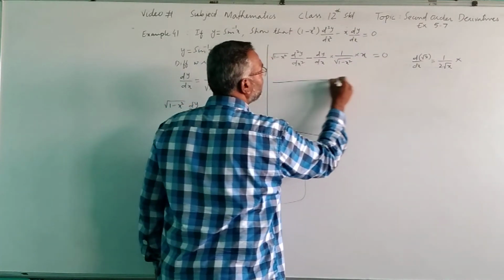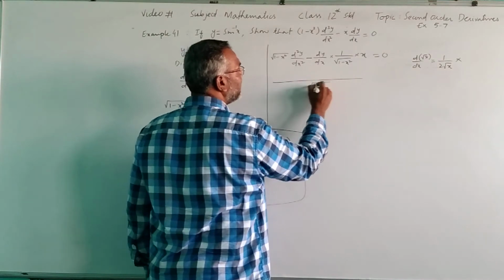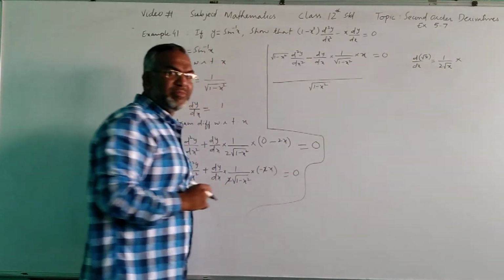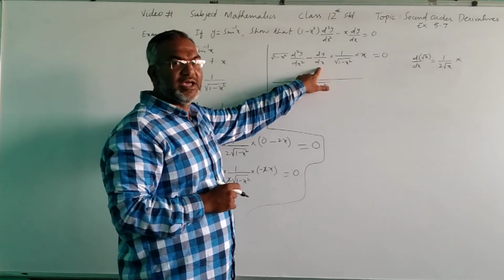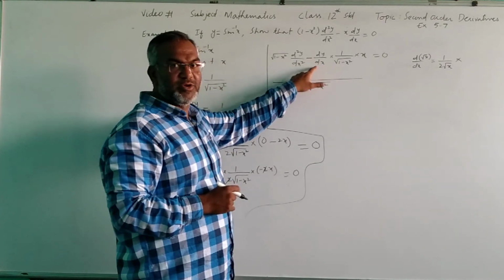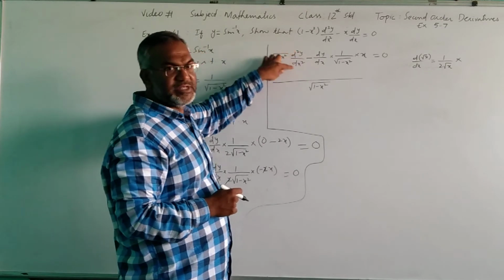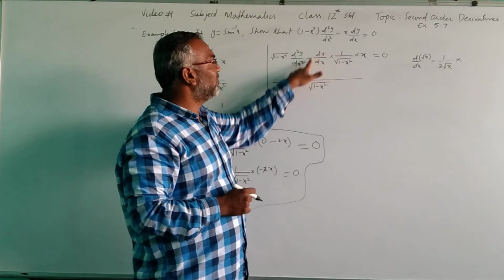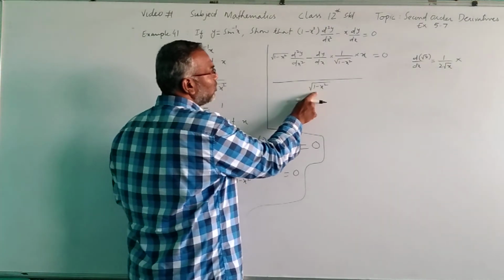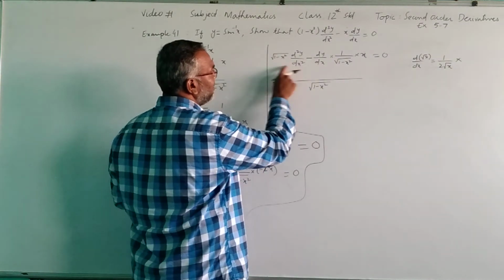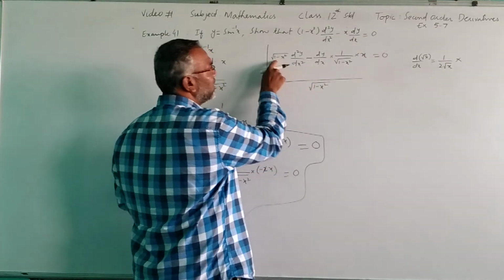Here, take the LCM. Root 1 minus x square will be the LCM. Don't take dx square or dx as the LCM, otherwise it will be wrong. This is all second order derivative, it's actually y2, and this is y1. Nothing is there in the denominator for that term. Root 1 minus x square we do not have in the denominator here, so it will directly multiply with this.